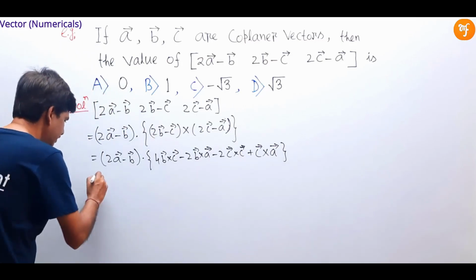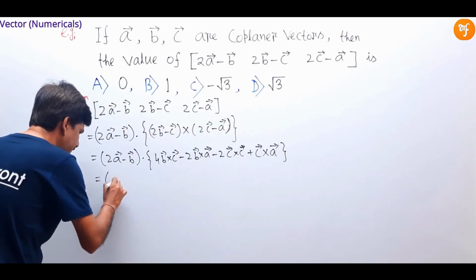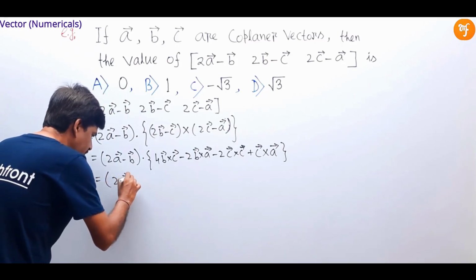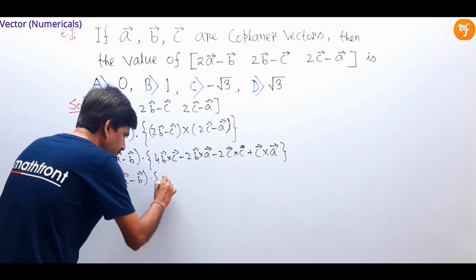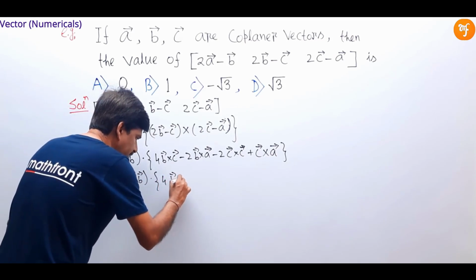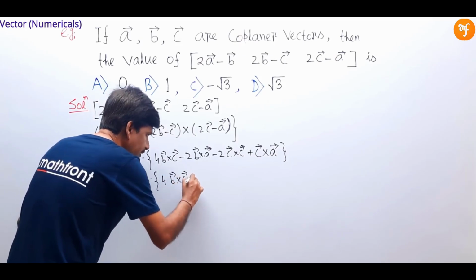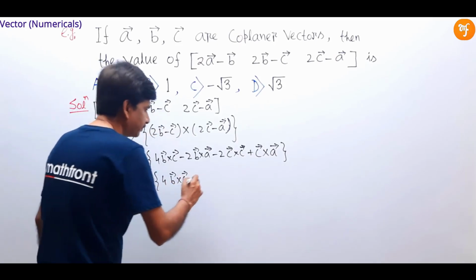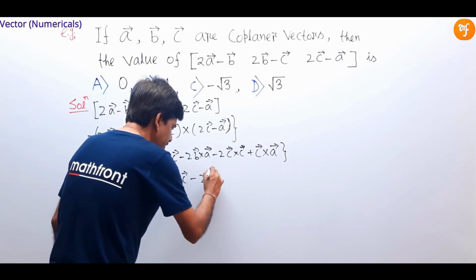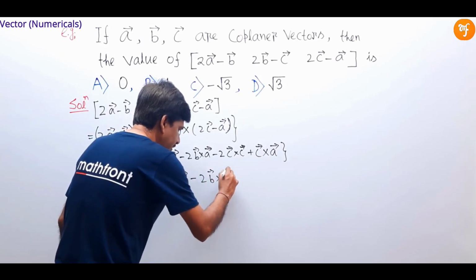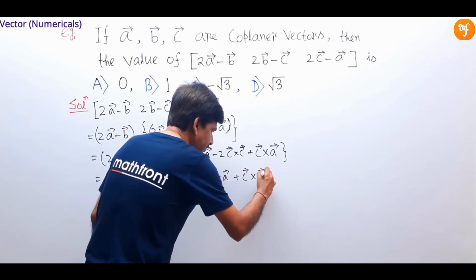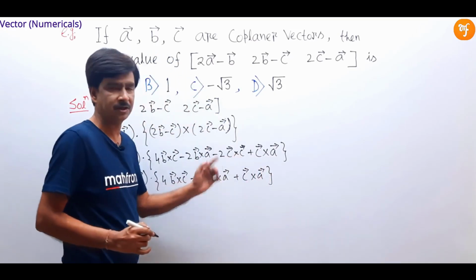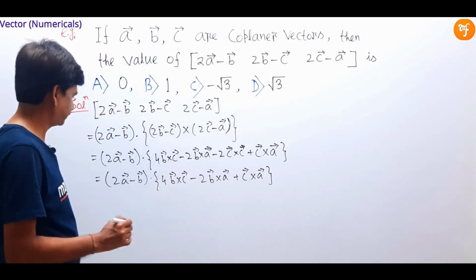So in the next step we can write 2a vector minus b vector dot 4 into b cross c minus 2 into b cross a plus c cross a simply, because instead of c cross c we use the null vector.